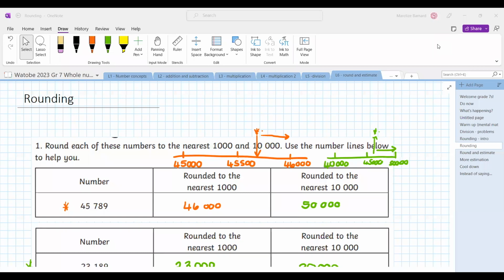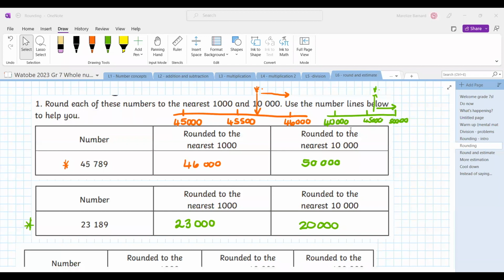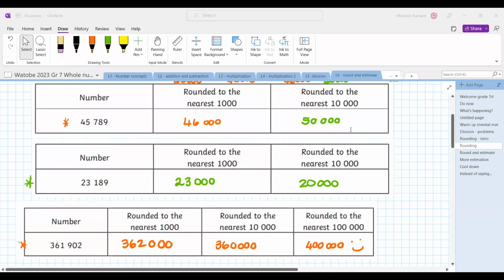Okay, Tabiso, you can unmute. Ma'am, I just want to recap on the rounding for 23,189.